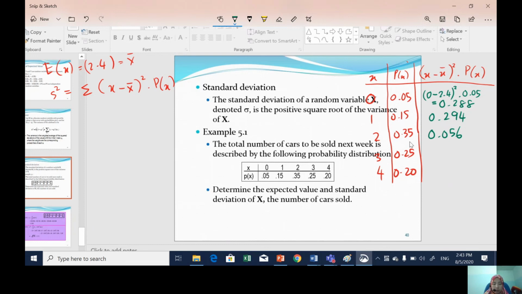Okay, for x equals 3, we do 3 minus the mean to the power of 2, then times 0.25. So we have 0.09. The last one, we have 4 minus 2.4, then power of 2, then times 0.2. Here we have 0.512, then get the total for this column.